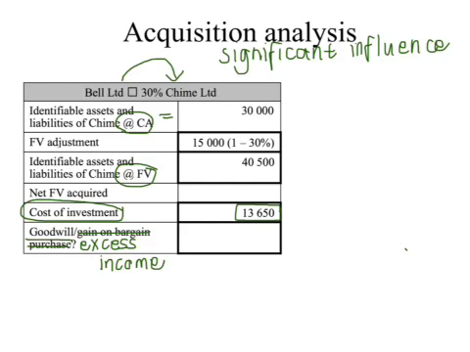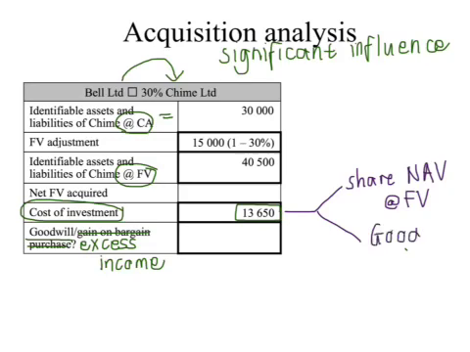When we made this acquisition of the equity stake in Chimes, what did we actually acquire? We acquired our share of the identifiable assets and liabilities. So I'm just going to say net assets valued at fair value, as well as a possibility of goodwill.